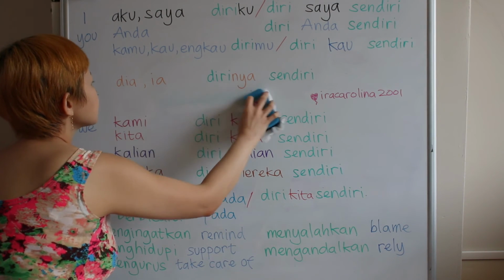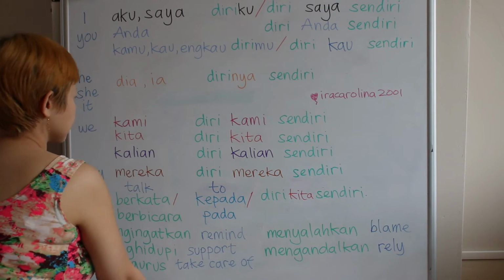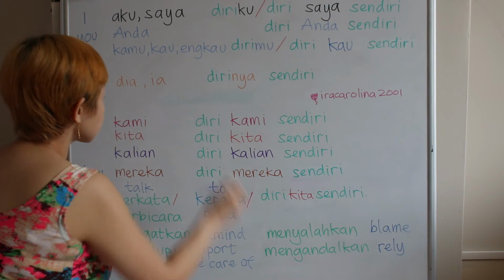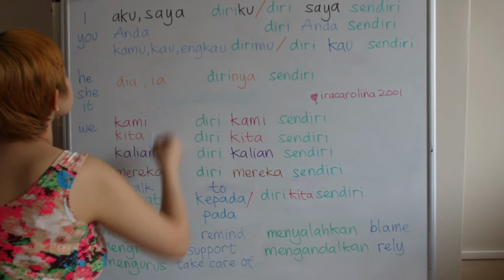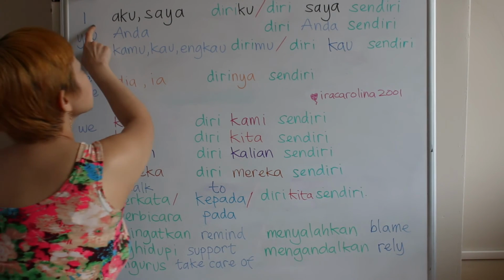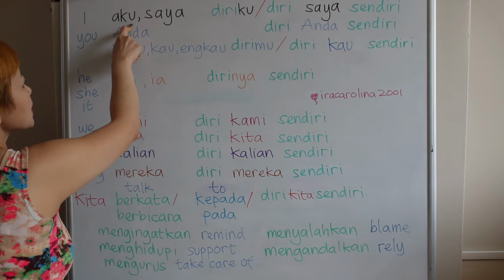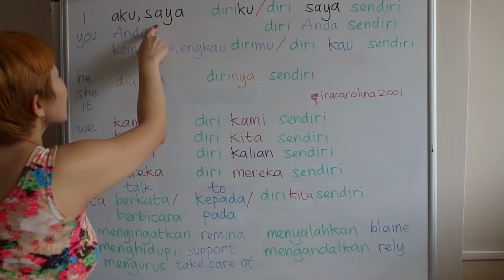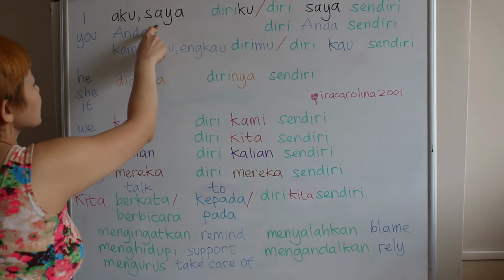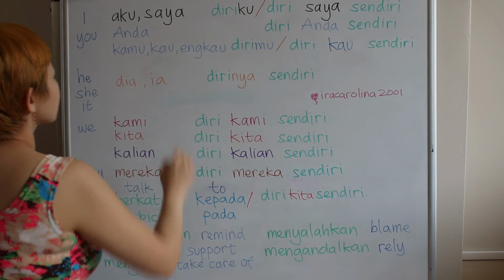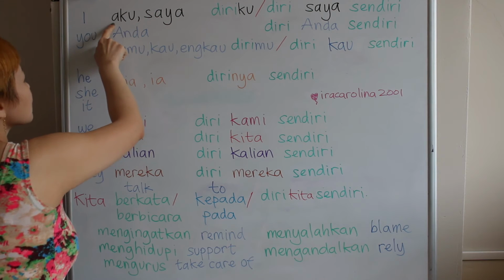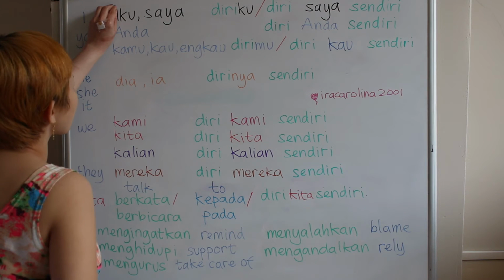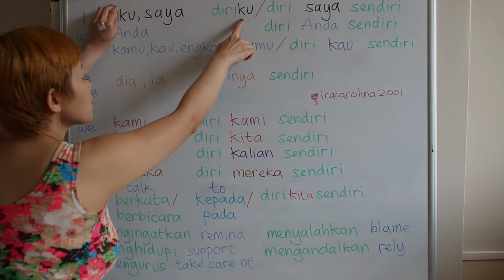We will start it. I is aku or saya. If you want to say myself, from aku, the a disappear. It becomes only ku.